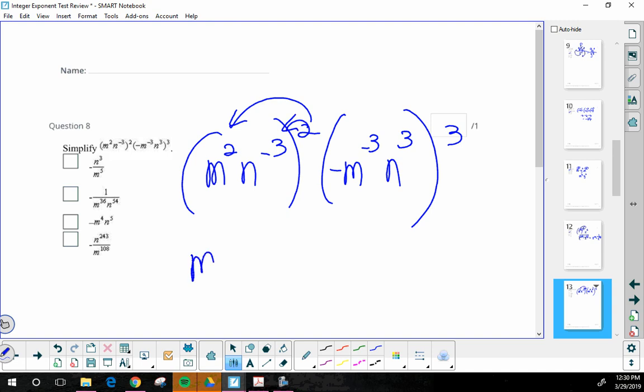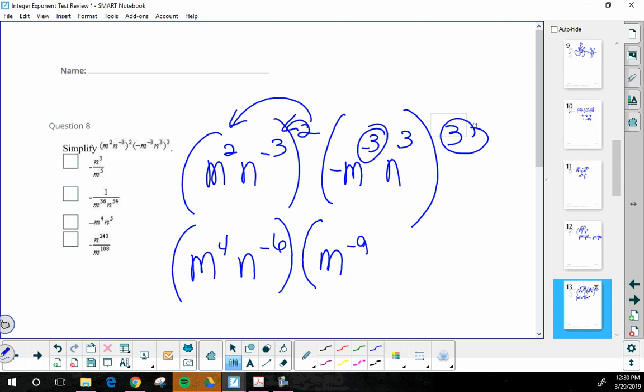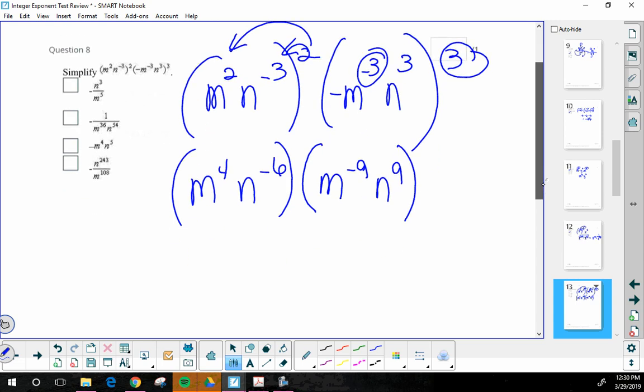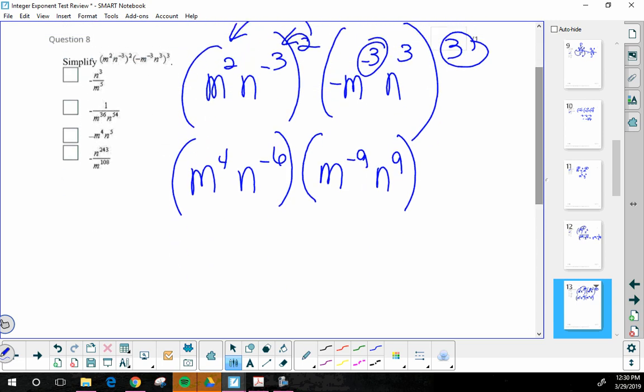So that's going to make that m to the fourth, n to the negative 6, and then this is going to be negative 3 times 3, which is negative 9. We put this in parentheses so we keep our work. 3 times 3 is 9, so that's n to the 9. Now we're back to adding our exponents again. So 4 and negative 9 is m to the negative 5. Negative 6 and 9 is n to the third power.